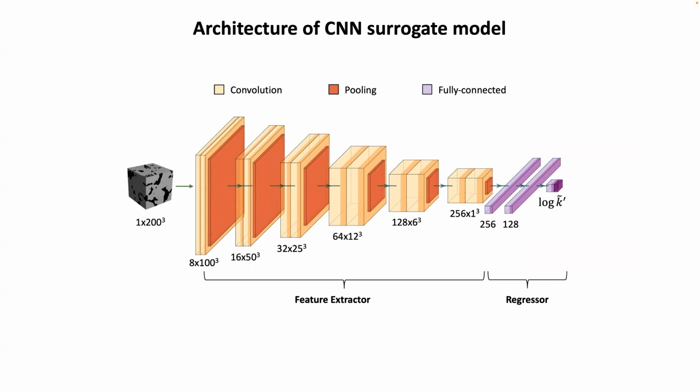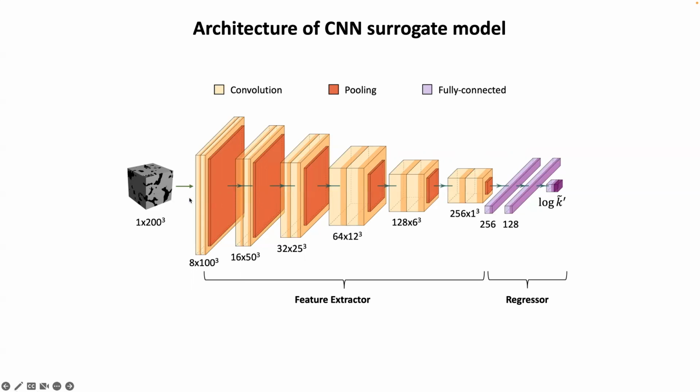Also, such a subvolume size allows us to generate sufficient training samples with permeability obtained through direct numerical simulation. That is very important for the training of the CNN surrogate model.